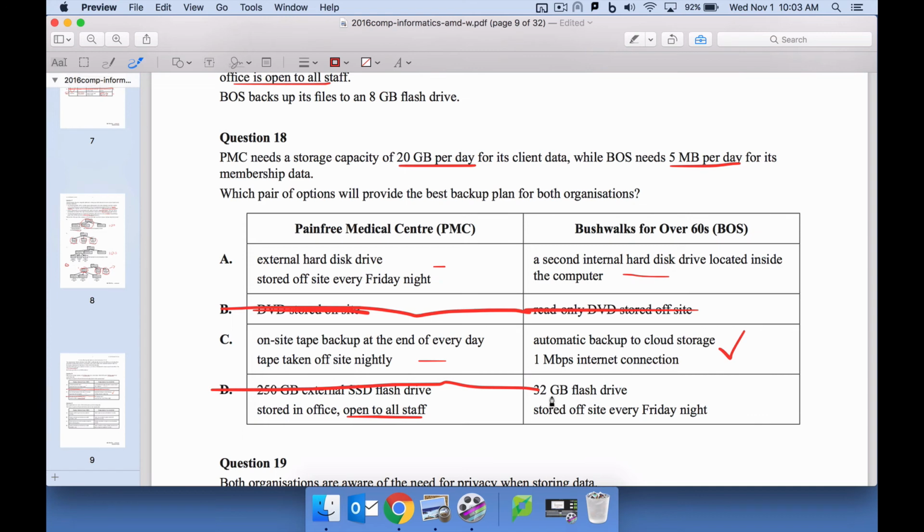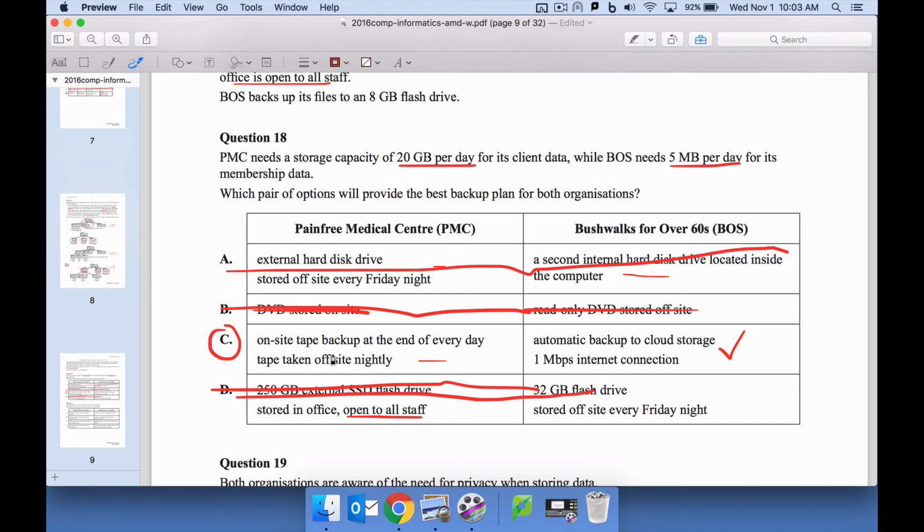Just out of curiosity, we'll read the last one. 32 gigabyte flash drive stored offsite every Friday night. Well, they don't need a 32 gig for starters, so that might have been a good option, but it's unnecessary. So we can then confirm it's definitely not D, it's definitely not B. This one is the best one out of these two. So out of these two, it's probably going to be C and not A.